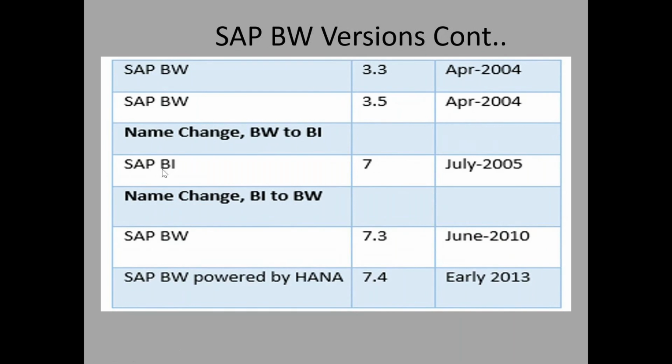Around 2008 or 2009, SAP purchased a high-end reporting tool called Business Objects, the BO tool. Before SAP acquired it, the tool's name was BOBJ.